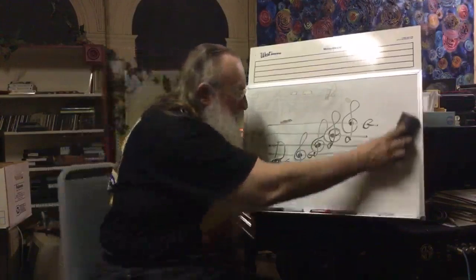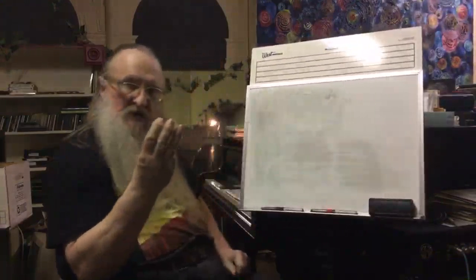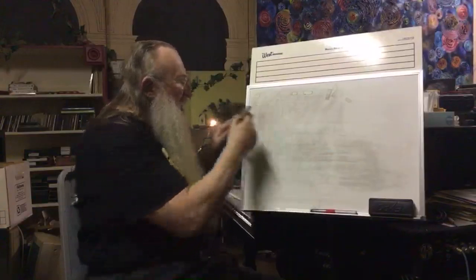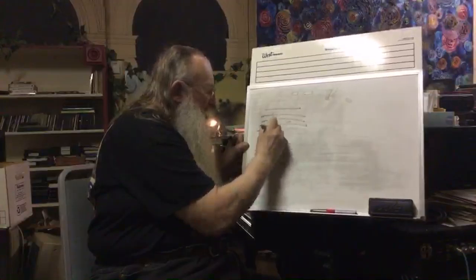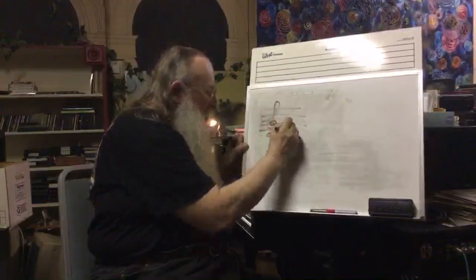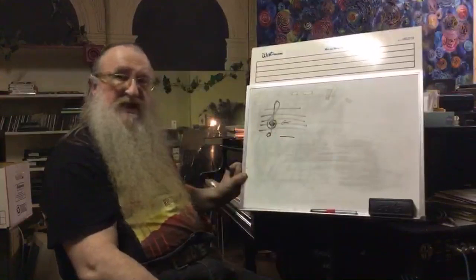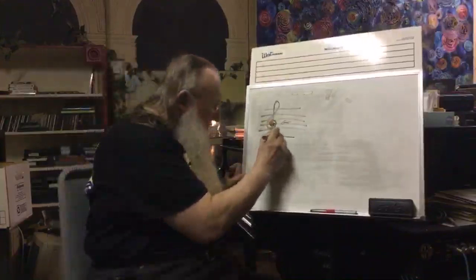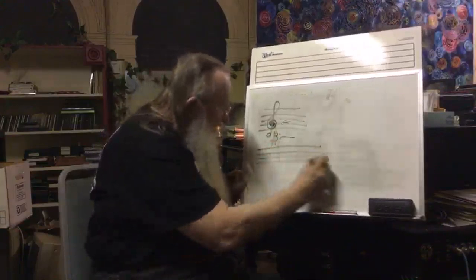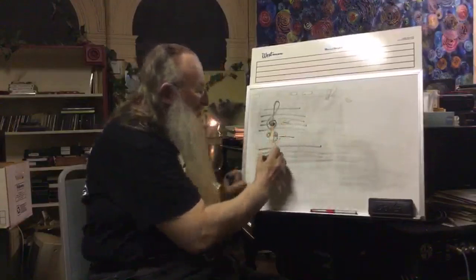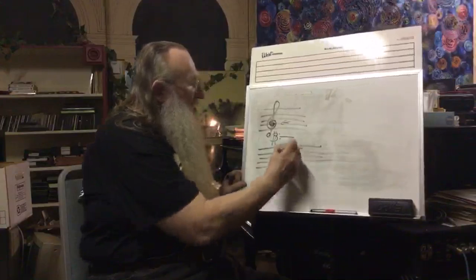What happened is these clefs became less and less in favor until eventually we came up with the 3 clefs that we have left. On the top, we use the G or treble clef to show us where the letter name G is. 5 notes below that, where we have middle C, we would have the C clef, and then the staff underneath that, 5 notes below that, would be the F clef.